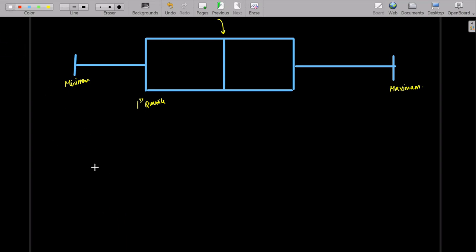You have certain points, and the data should be arranged in increasing order. So 2, 2, 3, 3, 3, 5, 6, 6, and let's say 9, 10. Let's say you have this data, Anika.